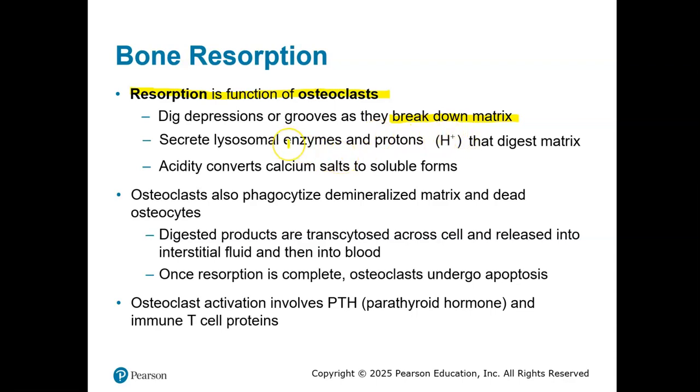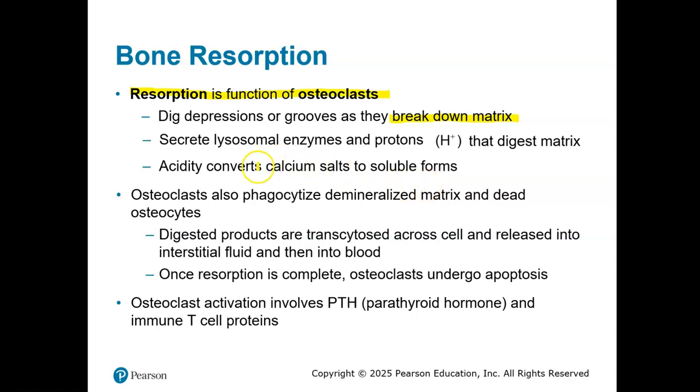So basically, osteoclasts secrete enzymes and they secrete hydrogen ions, which is going to create an acidic environment. So it will lower the pH and digest the bone matrix. The reason for the low pH, for the acidity, is that it is necessary to convert calcium salts into soluble forms.